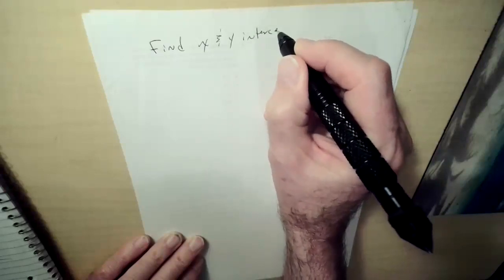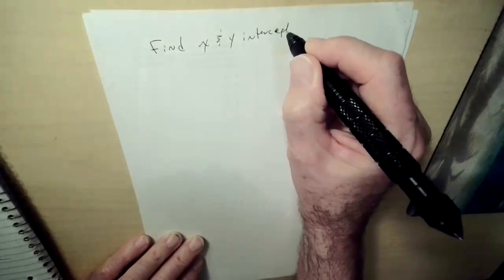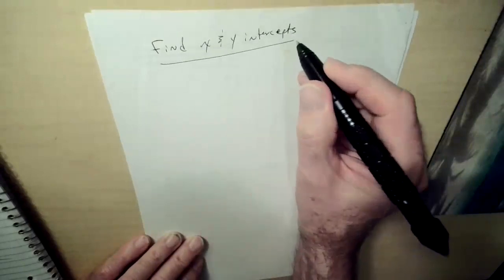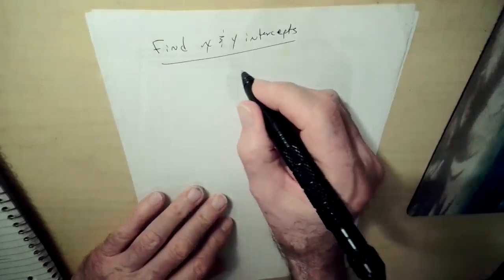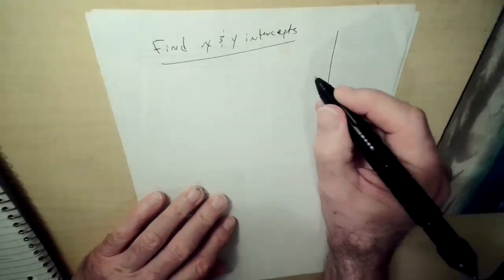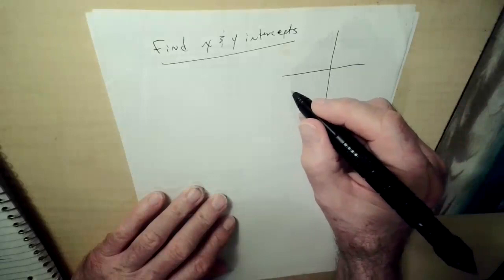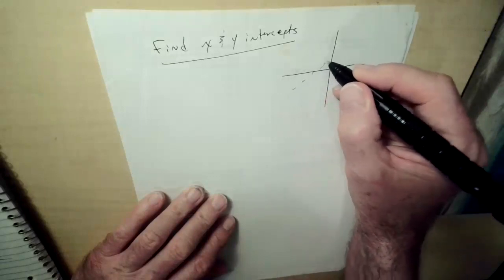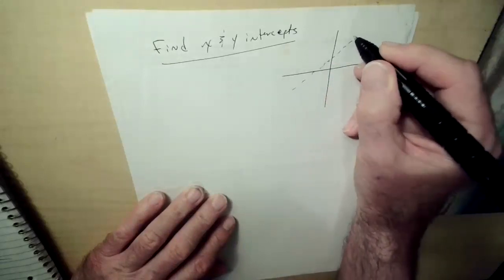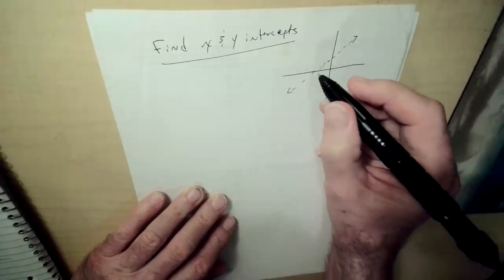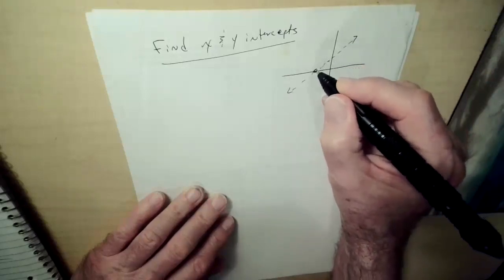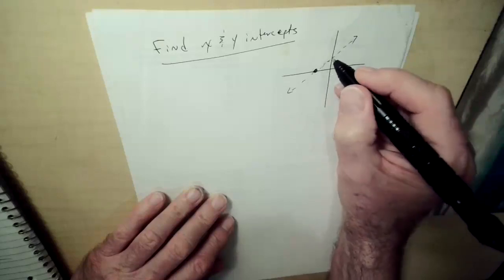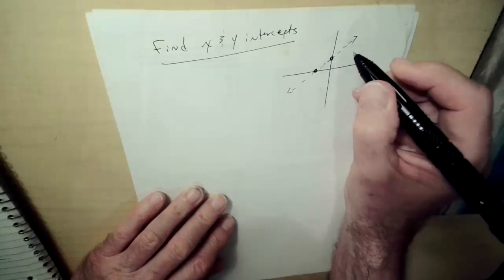Find the x and y intercepts. Okay, what does that mean? If you've got a line that looks kind of like this, we want to know what the x-intercept is.